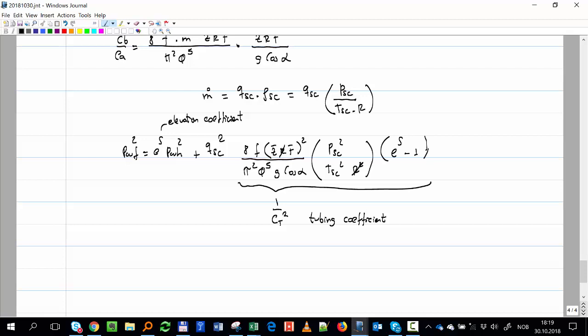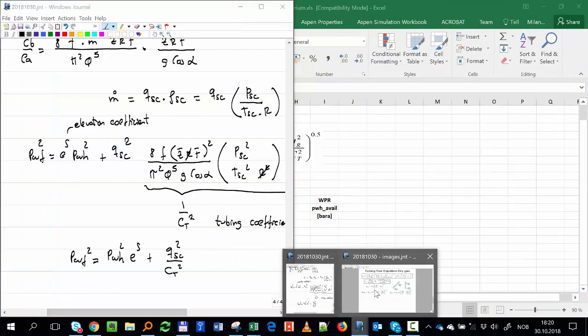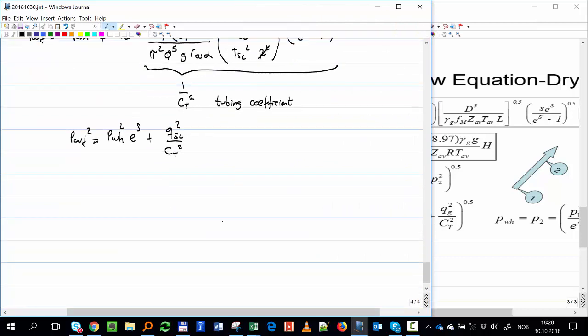So at the end, the expression ends up being PWF squared equal to PWH squared e to the s plus Q standard conditions divided by CT squared. Okay, that is actually the same expression we have here. Okay, P inlet equal to P outlet multiplied by e to the s plus the rate divided by CT. Okay, so that I present to you, that's the tubing equation that we are going to use now in this exercise.